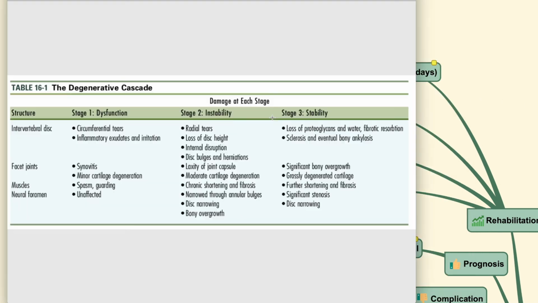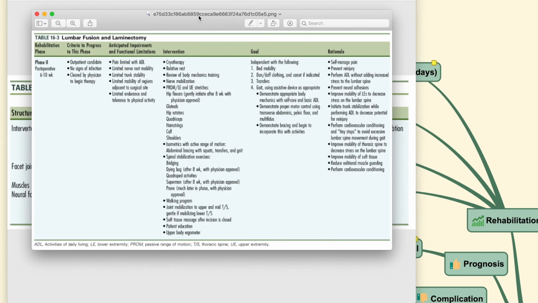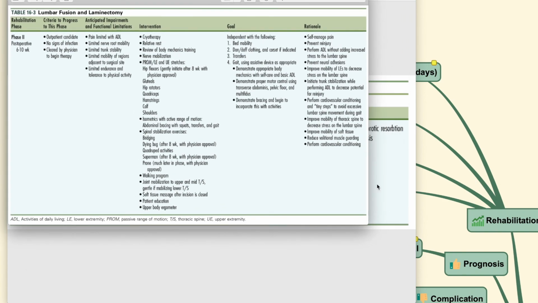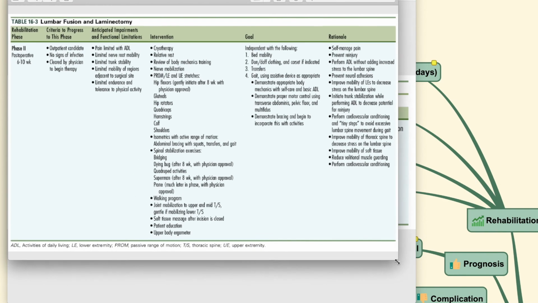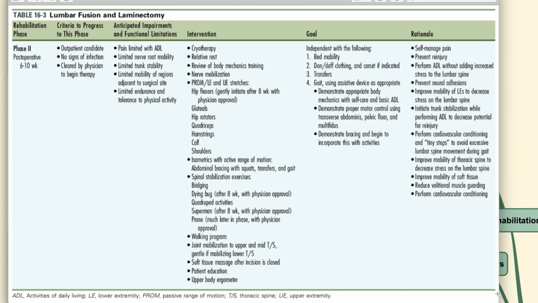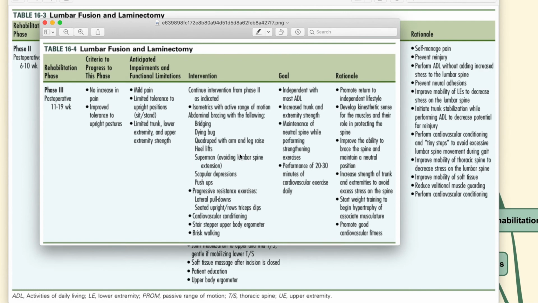Now for the phases of the rehab, we want to first decrease the level of the pain that the patient experiences, and afterwards we would try to do very basic exercises such as isometric exercises along with some spinal stabilization exercises, followed by a walking program if the patient is able to do so.